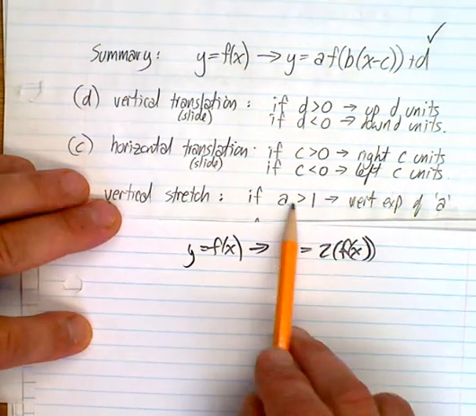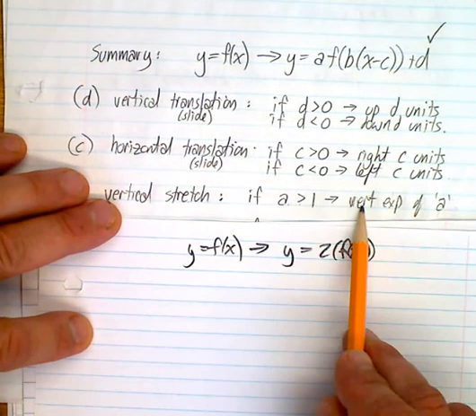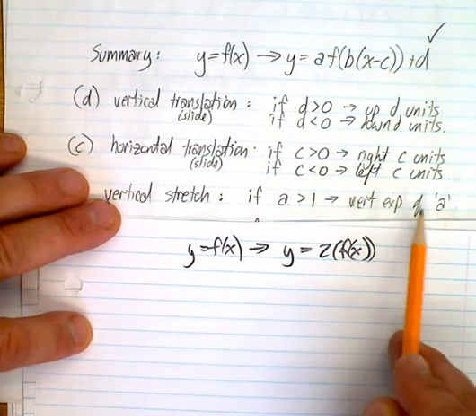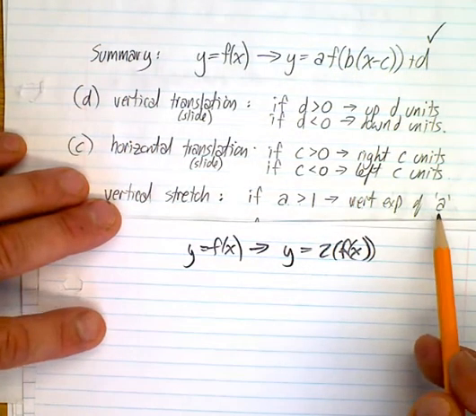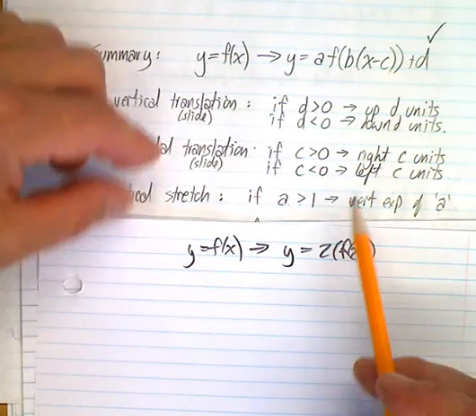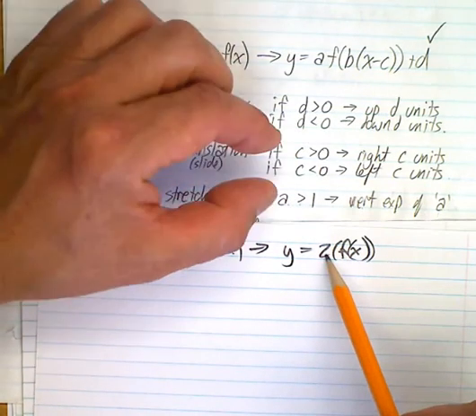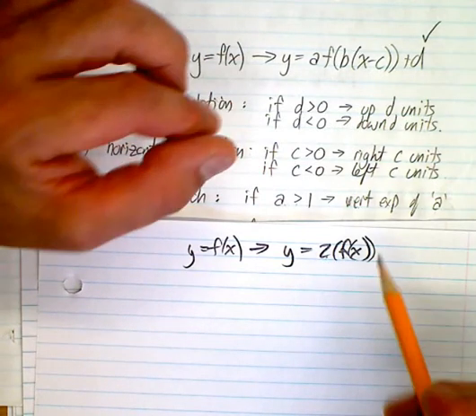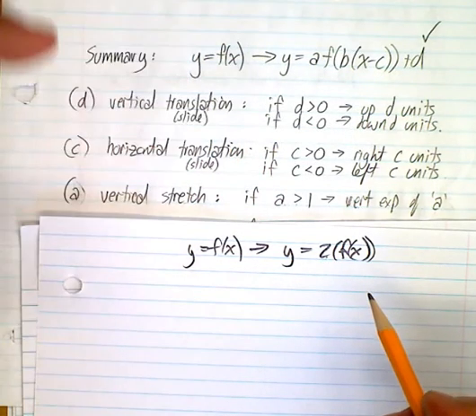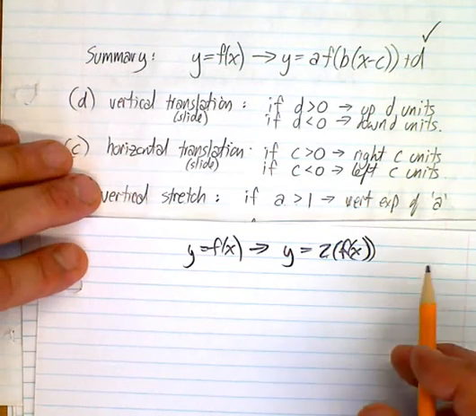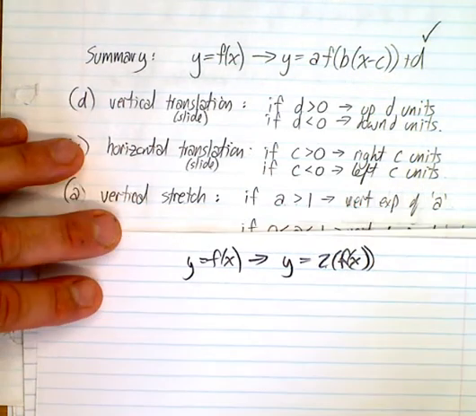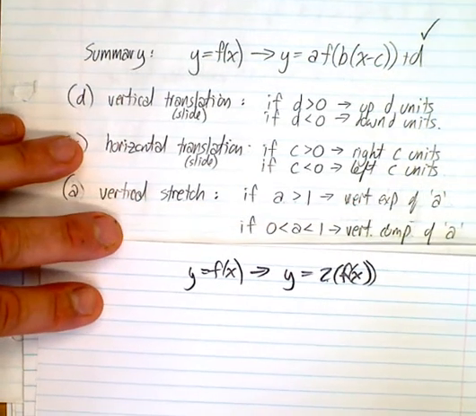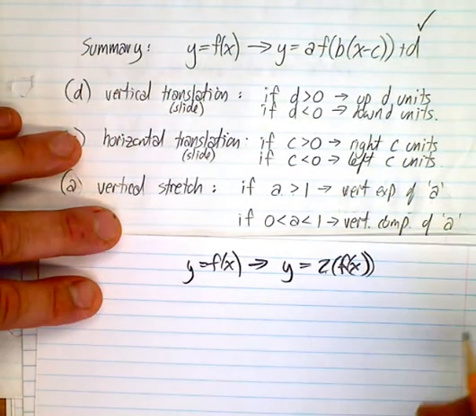So if a is greater than 1, it's a vertical expansion by a factor of a. If it's 2 in the front, every y value gets doubled. If it's a 3, every y value gets tripled. You just double them, triple them, whatever that a value is. Similarly, if it's less than 1 but greater than 0, still positive, it's compressed by a factor of a.